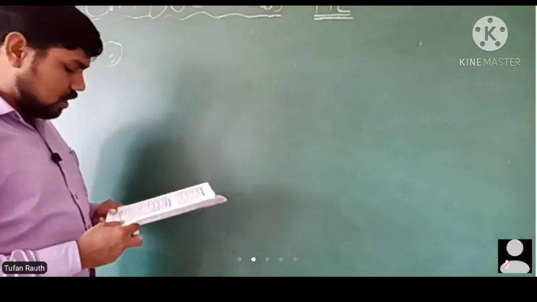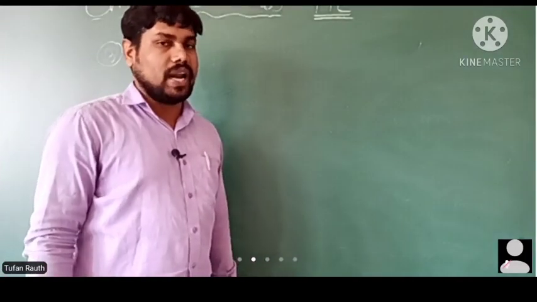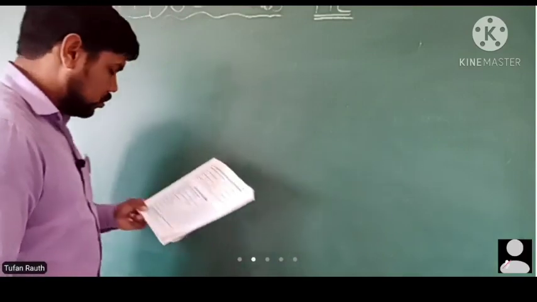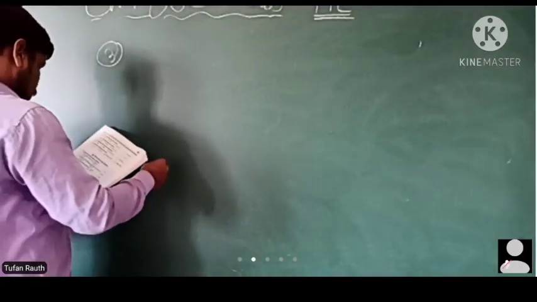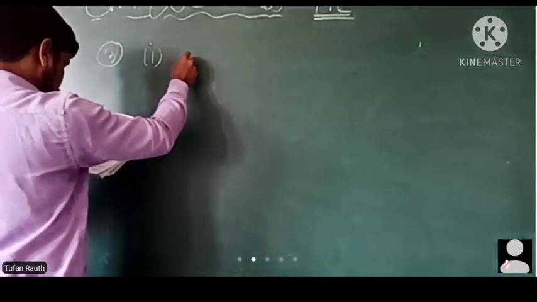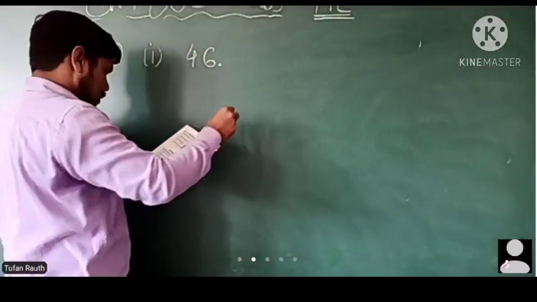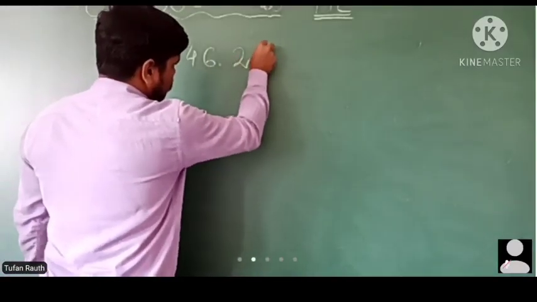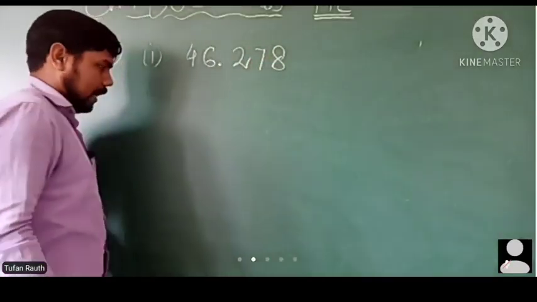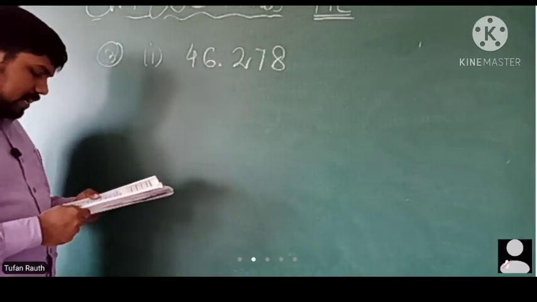So first you have to represent all of these in the place value chart, and after that you have to write the place value of 7. The first one we have is 46.278. Represent the following decimal in the decimal place value chart.